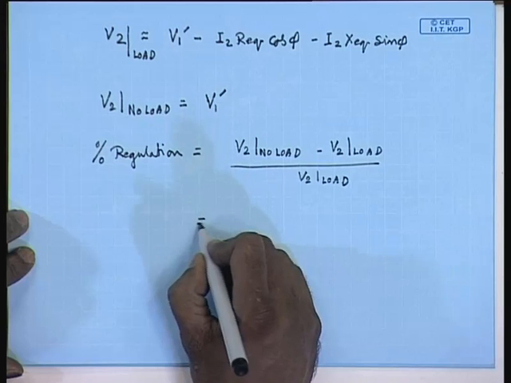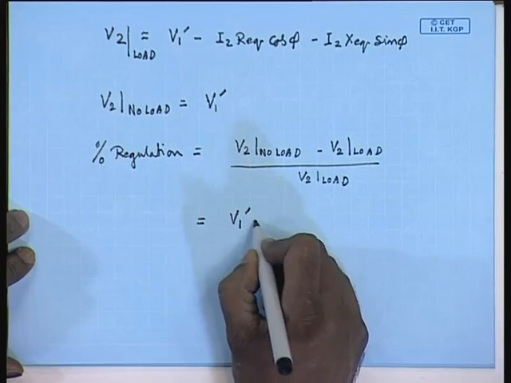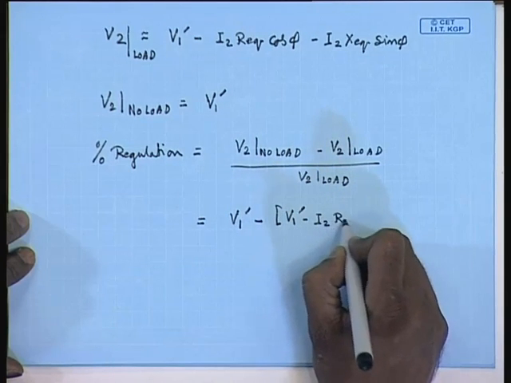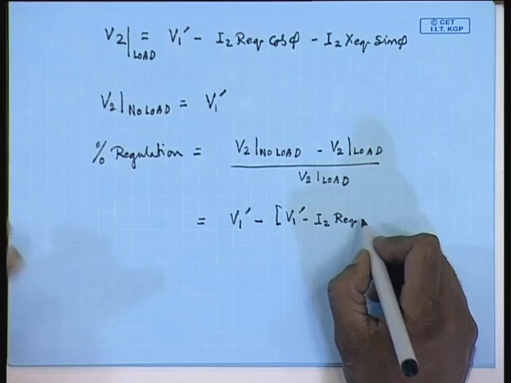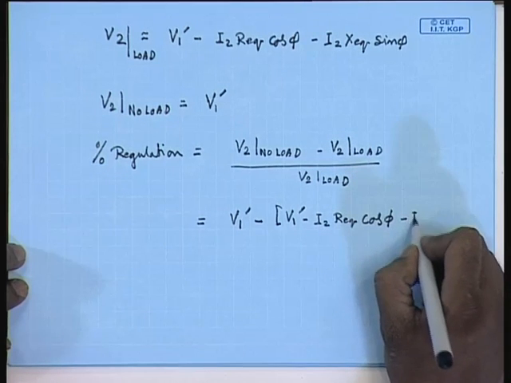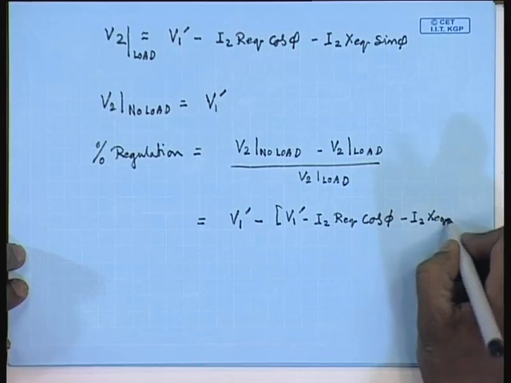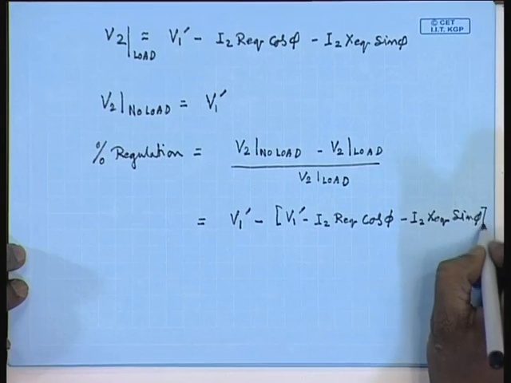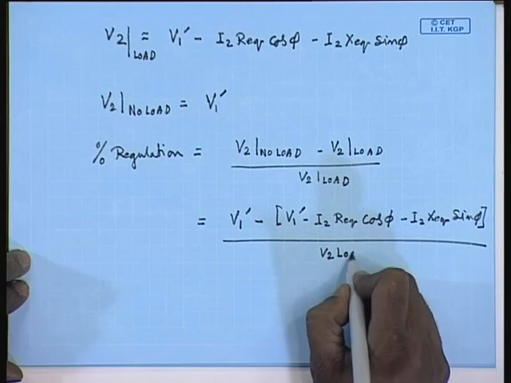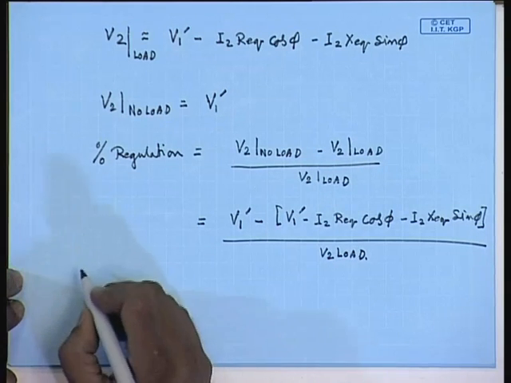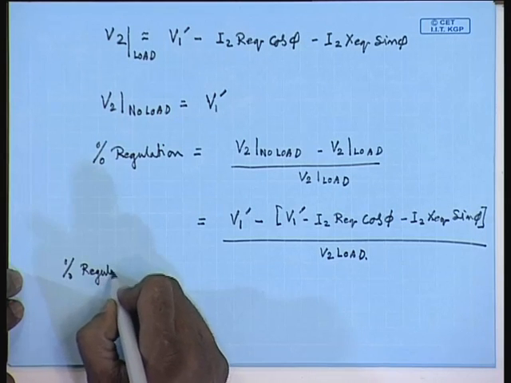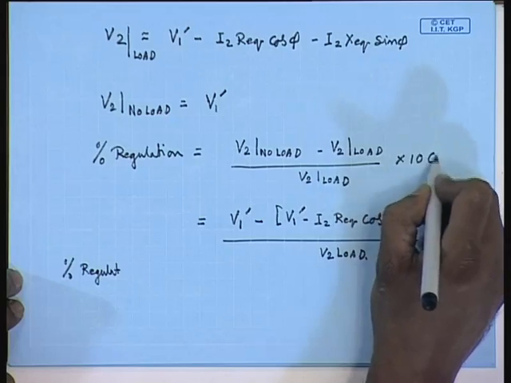Therefore, percentage regulation equals V1 dash minus (V1 dash minus I2 Req cos phi minus I2 Xeq sin phi), divided by V2 at load, multiplied by 100 because of the percentage.